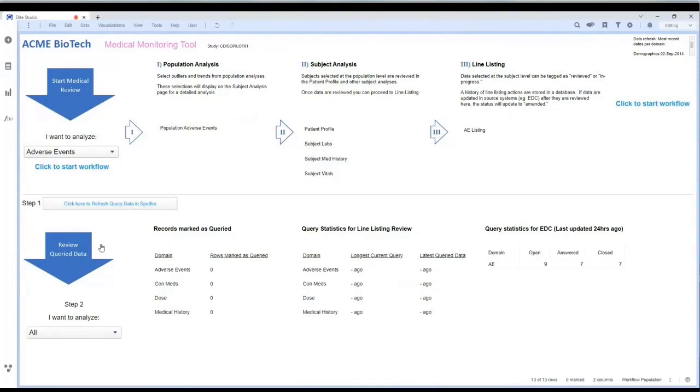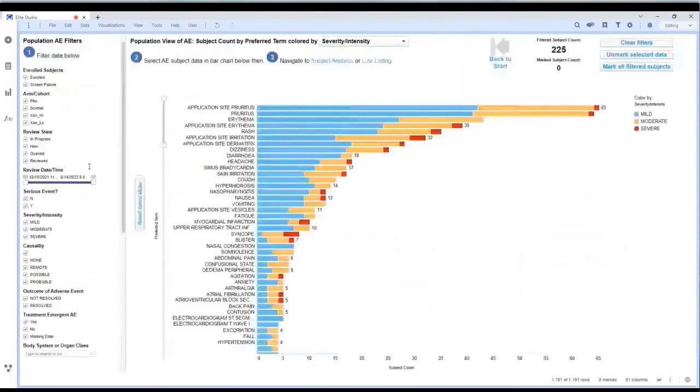In the bottom panel is a data dashboard that shows the current status of queried data in the electronic database that underlies this, from which this data is being loaded. And so what I can do is look at adverse events. I could look at a variety of things, but I'm going to look at adverse events. I'm pretending to be a medical monitor here.